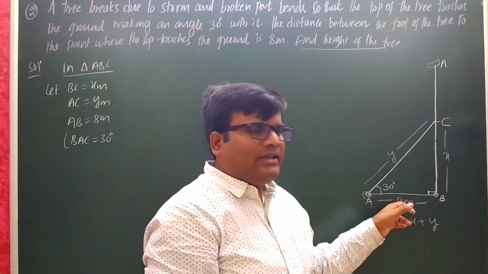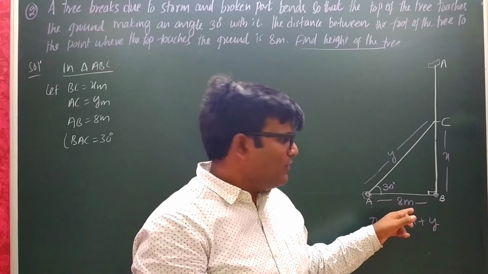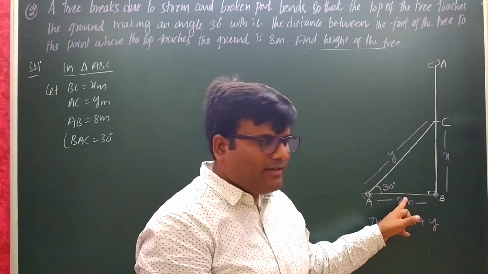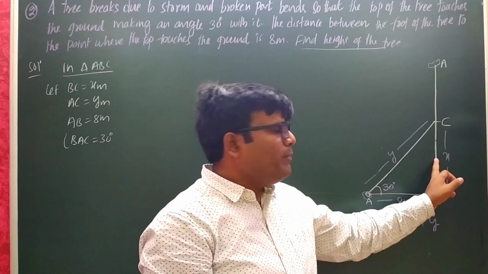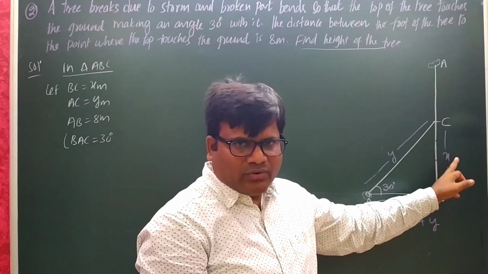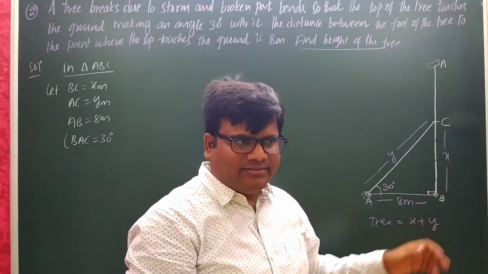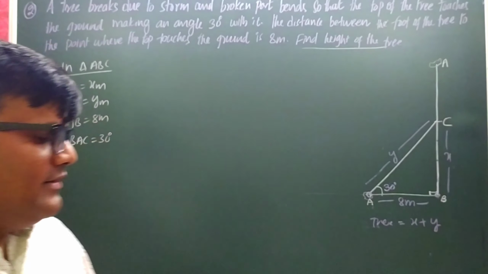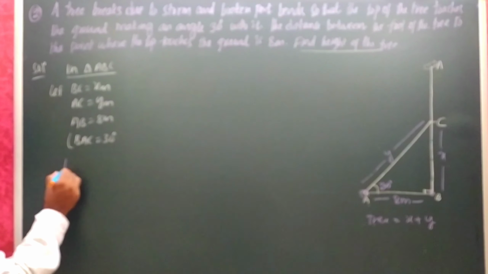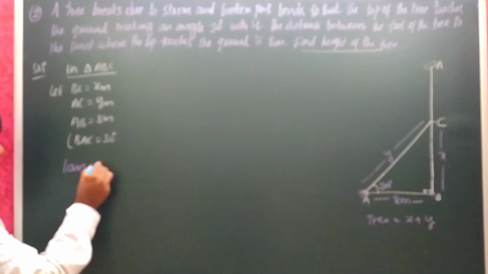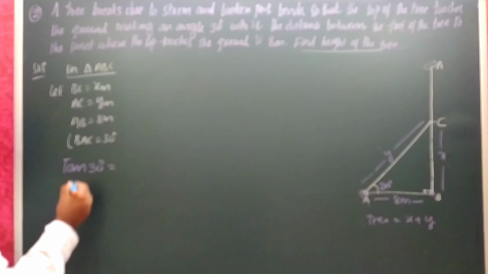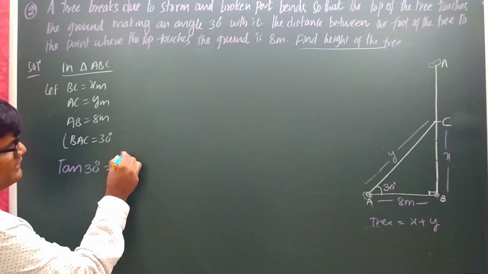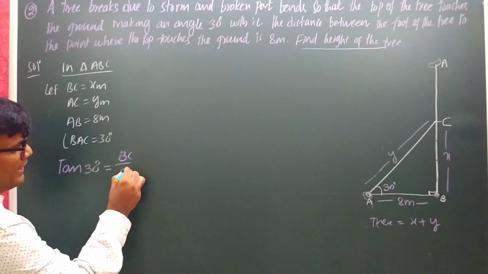Now you see the given side is adjacent to 30 degrees. This 8 meters is the adjacent side. Now here this x is opposite to 30. Unknown side is opposite, given side is adjacent. So the ratio between opposite and adjacent is tan. Consider tan 30 degrees. Tan 30 is equal to opposite by adjacent, BC by AB.